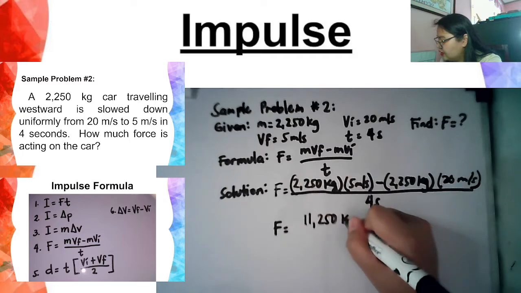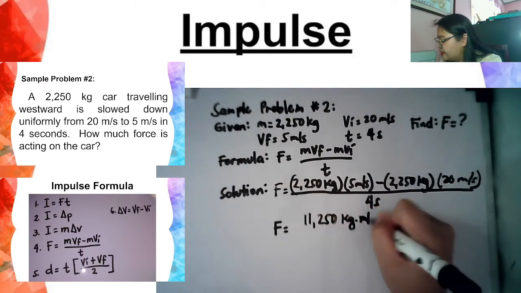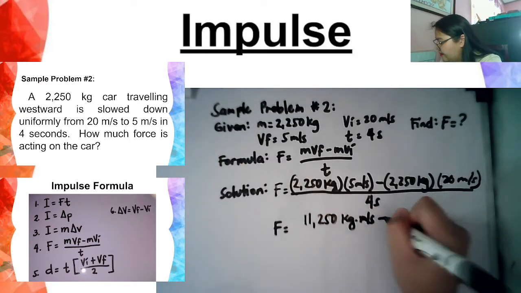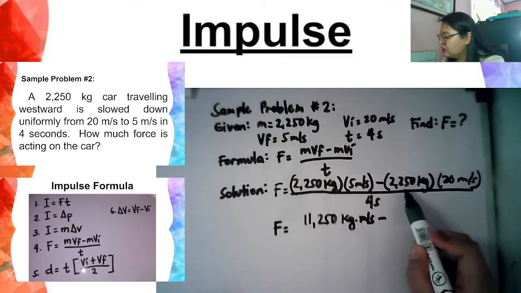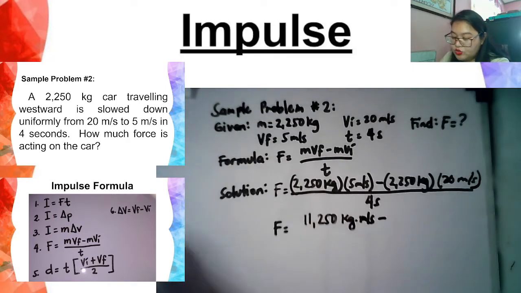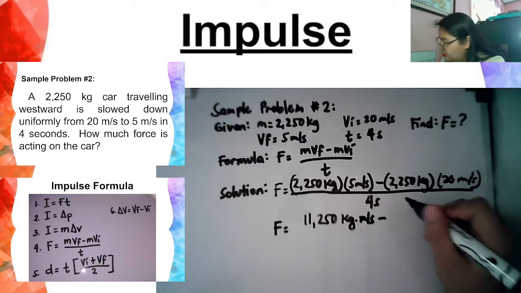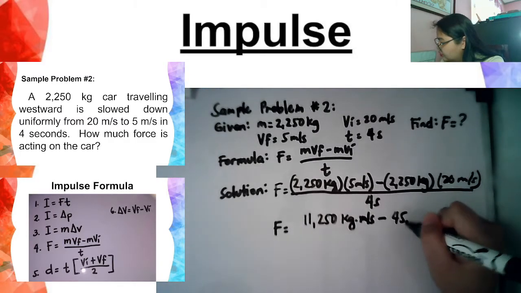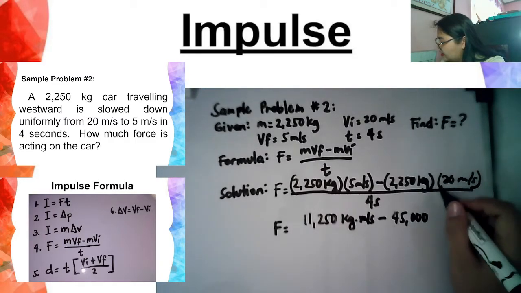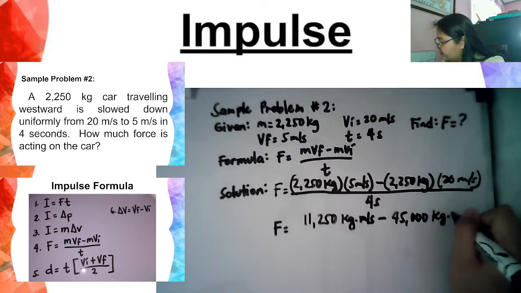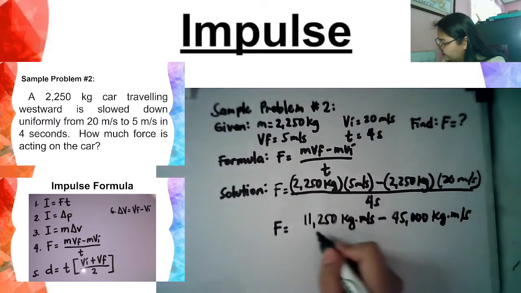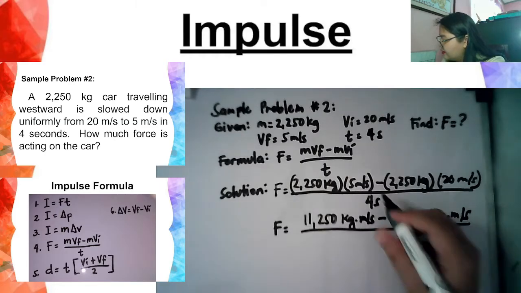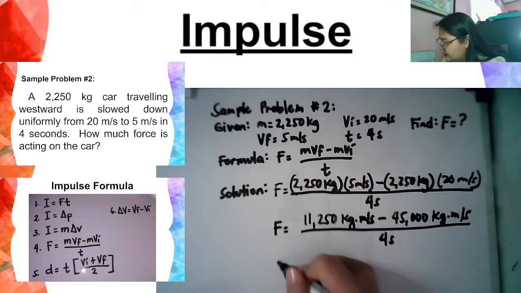The unit now will be kilogram meter per second. Minus this one, 2,250 times 20. So, you will get 45,000. The unit now is kilogram meter per second, divided by the time, which is 4 seconds.